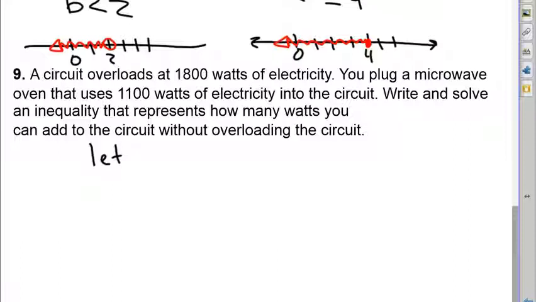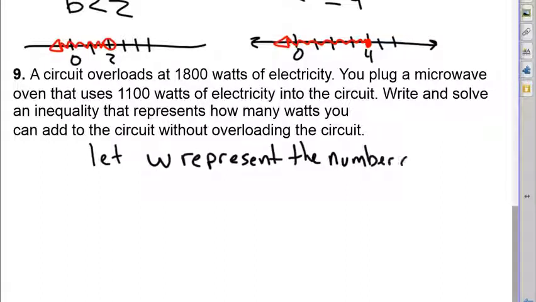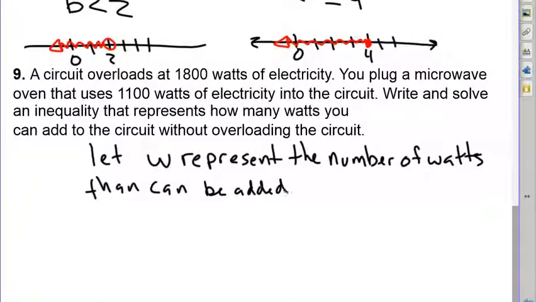I'm going to use the variable W because we're talking about watts. Let W represent the number of watts that can be added to the circuit.